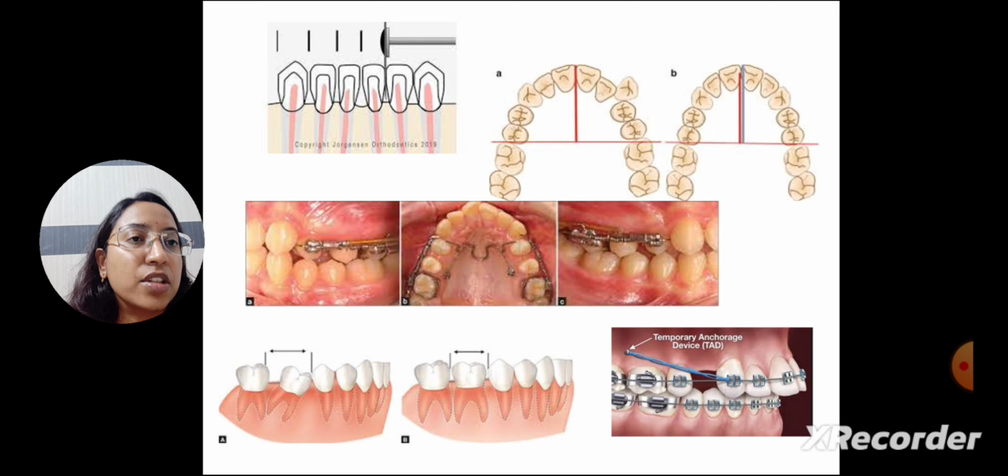The second picture shows proclination of teeth to accommodate the canine which is out of the arch, so you can see the increase in arch length. The middle row shows molar distalization procedures, where space is already gained between the two premolars because of distalization of the molars. In the bottom row, we can see how molar uprighting is giving space in the arch, and extraction for correction of malocclusion.